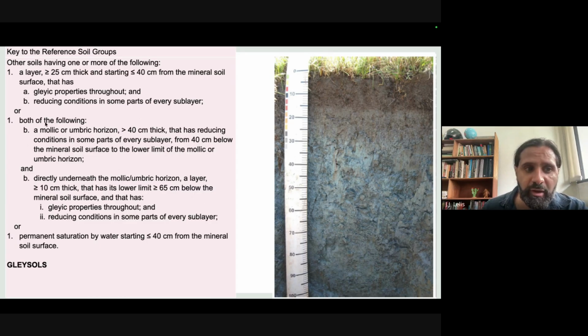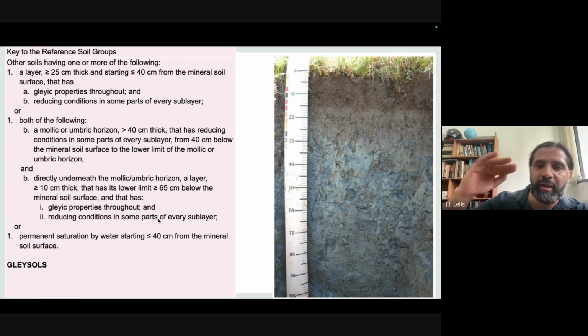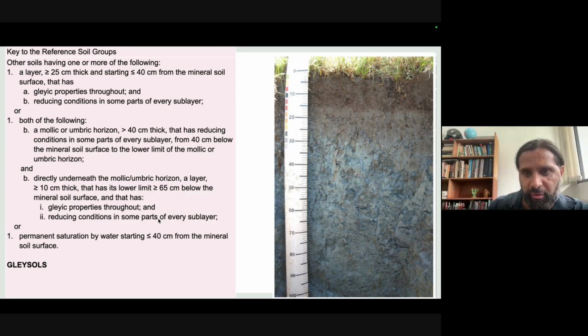So the second option is to find a thick mollic or umbric horizon with some reducing conditions, and below it, I also find gleyic properties and reducing conditions. Or, I'm sorry, this should be number three: permanent saturation by water starting at up to 40 centimeters below the mineral soil surface. So I should find a water table up to 40 centimeters below the soil surface.